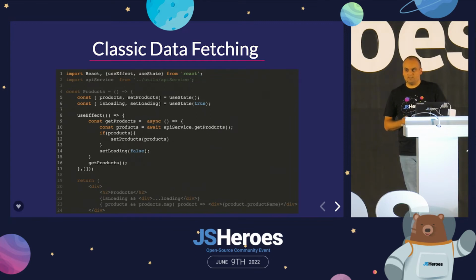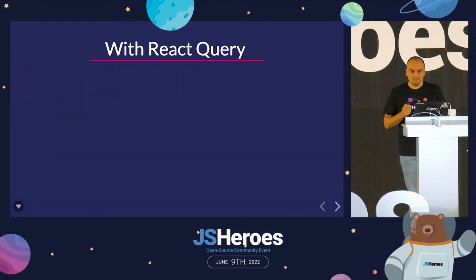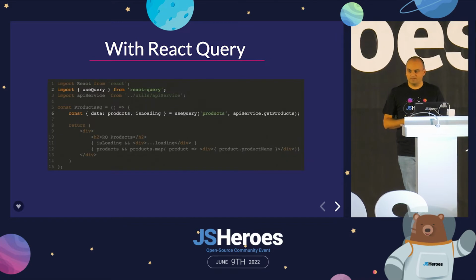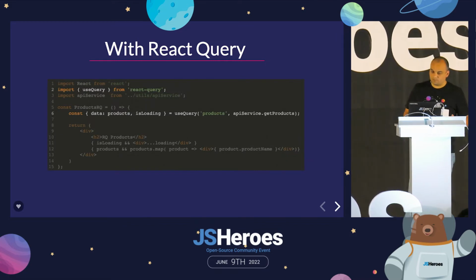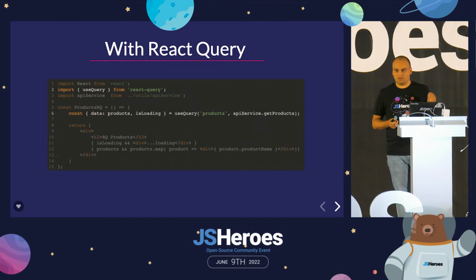But we can do this even simpler. So here we have the same implementation with React Query. What we have to do is just import the useQuery function from React Query, and then we use it. useQuery receives 3 parameters.